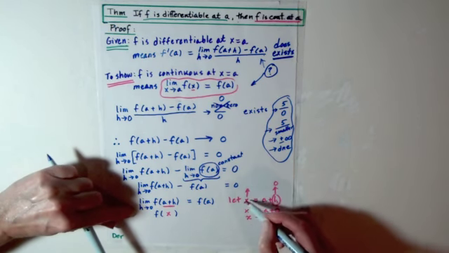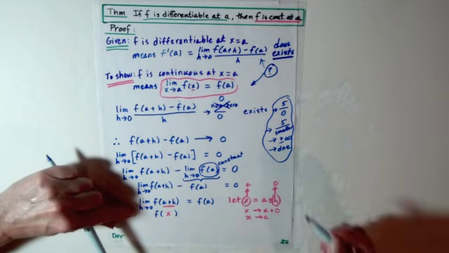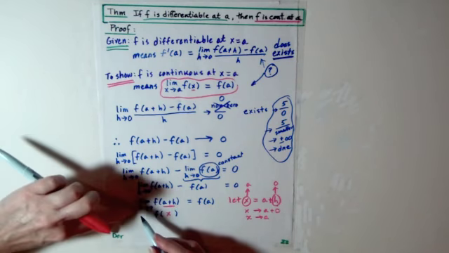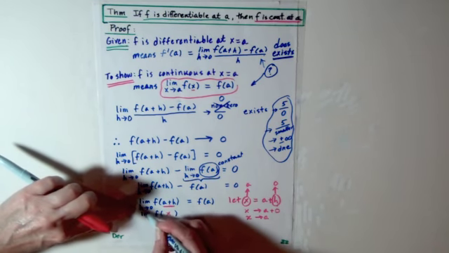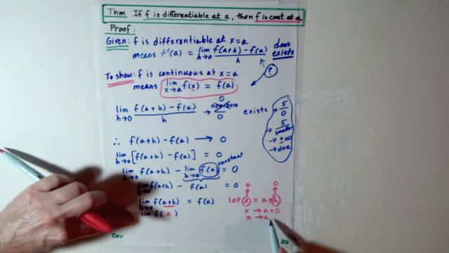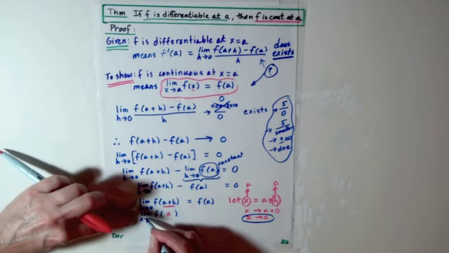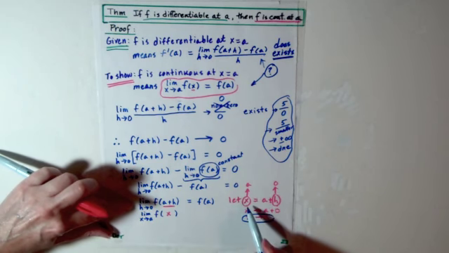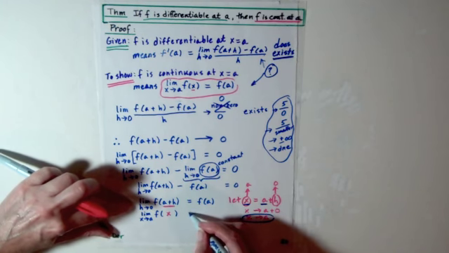So if h is approaching 0, x must be approaching a. So the limit as h approaches 0 could be replaced with the limit as x gets closer and closer to a. So the limit as h approaches 0 would be the same thing as x getting closer and closer to the number a. And so what do we have?